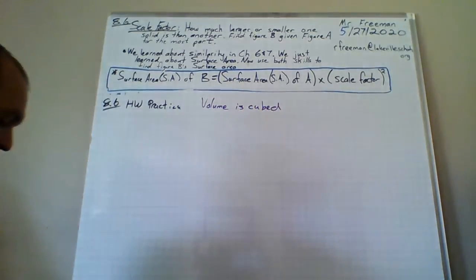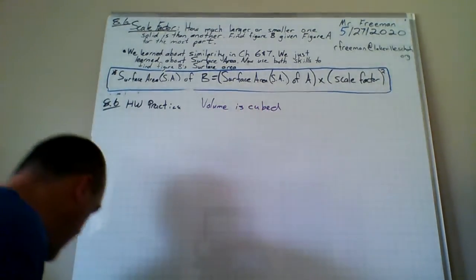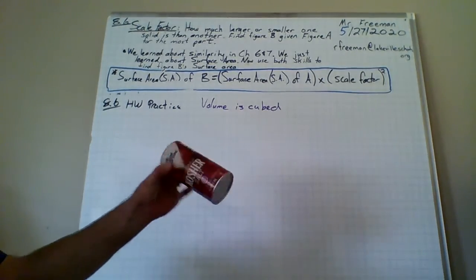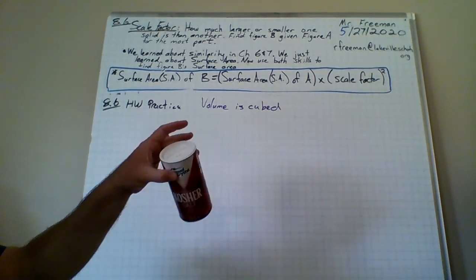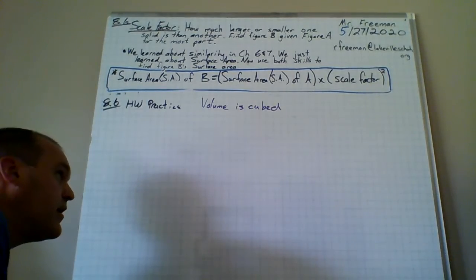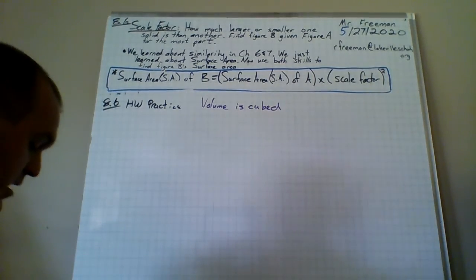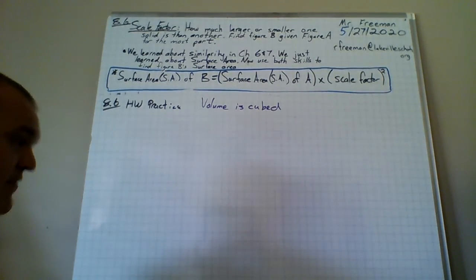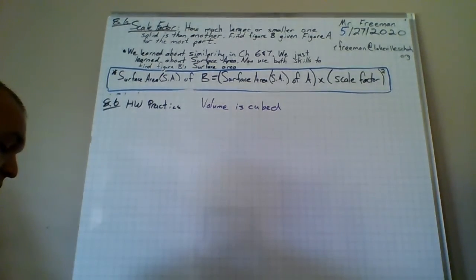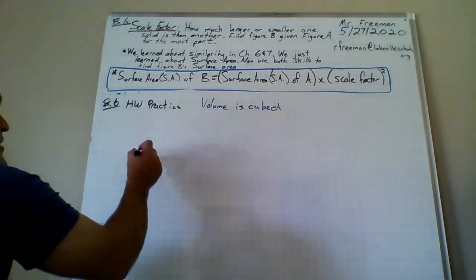So let's think about this. If they tell us a cylinder, which I even have a visual aid for, remember, a cylinder looks like this. Actually we're talking about volume, and I mentioned that, sorry. Volume of this guy is now 2240.